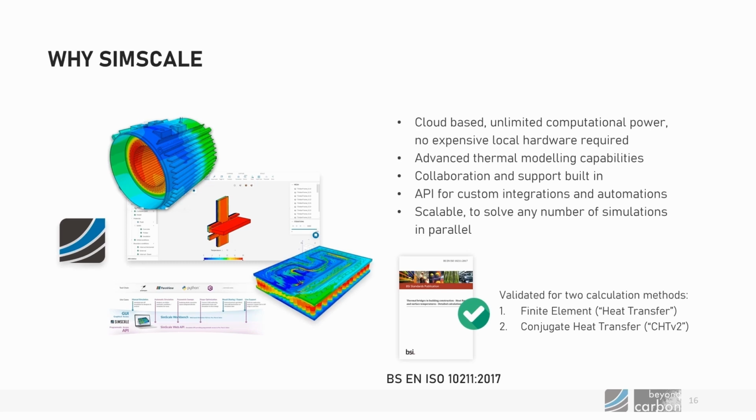And that capability means we're excited about what other things it can do, as well as 3D thermal bridge modeling. It also crucially has the API to allow us to have those custom integrations and connect it to Grasshopper. And it's scalable, so you can run any number of simulations in parallel. You can therefore do parametric analysis very quickly by outputting simulations from Grasshopper.